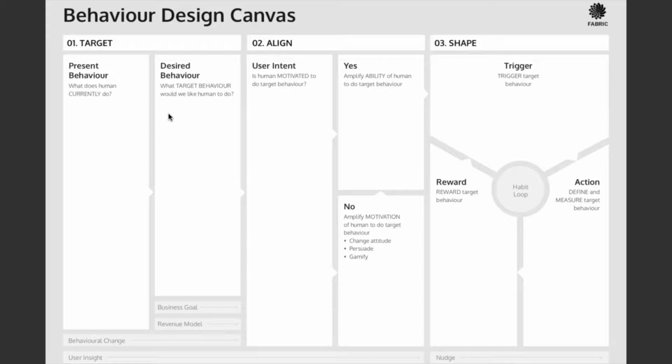Now, I've said in the past video that the reason for me to come up with this design pattern was to create an overarching framework that would help me get through the complexity of applying behavioral science in all kinds of projects. I work a lot in digital projects, but the canvas itself is agnostic to the kind of project you apply it to.